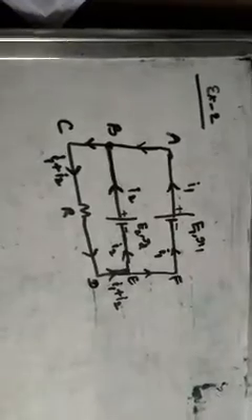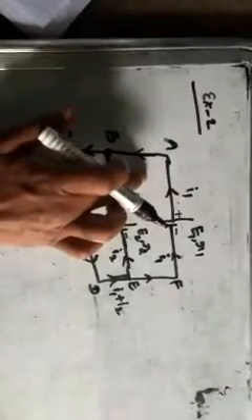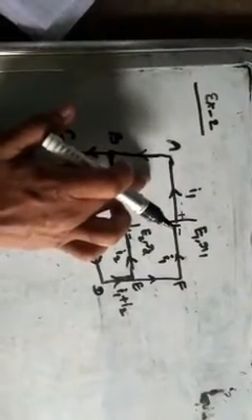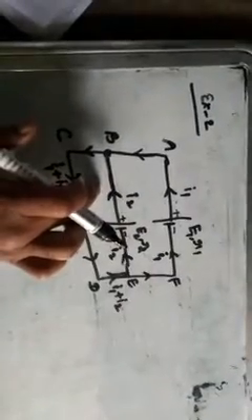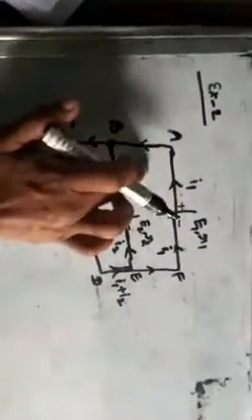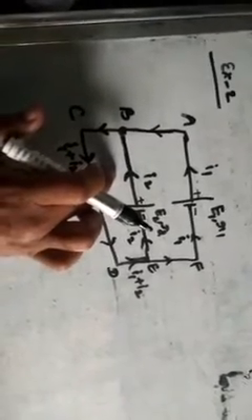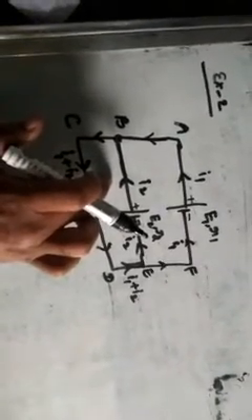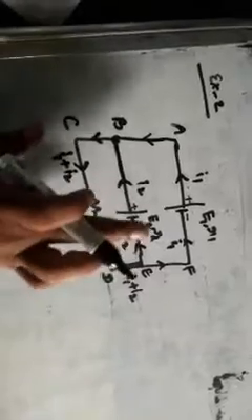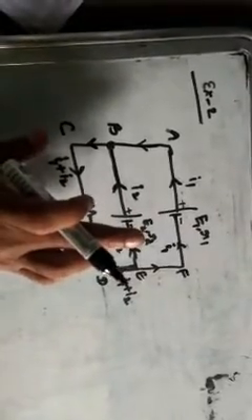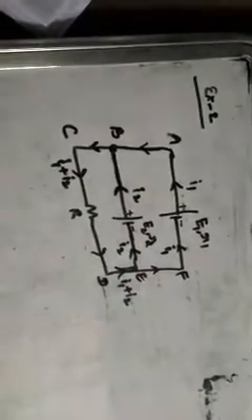Here is the most important point. Suppose the first loop you are taking in the anti-clockwise direction, the second loop must also be in the anti-clockwise direction. If the first loop is in the clockwise direction, the second loop must also be in the clockwise direction. You have to follow this. Remember how to apply Kirchhoff's voltage law, the second law, here.